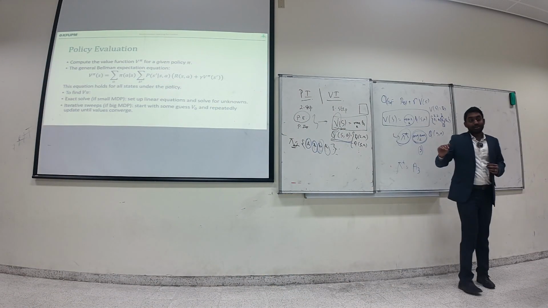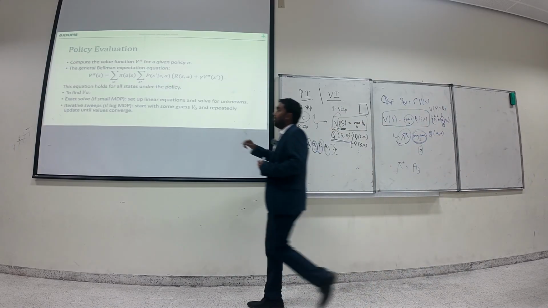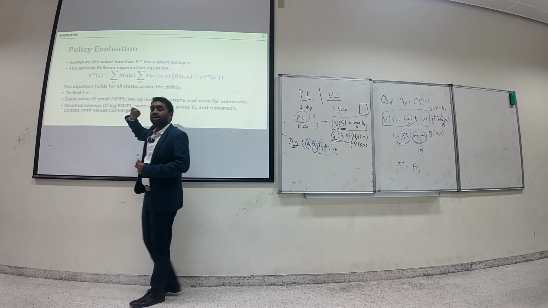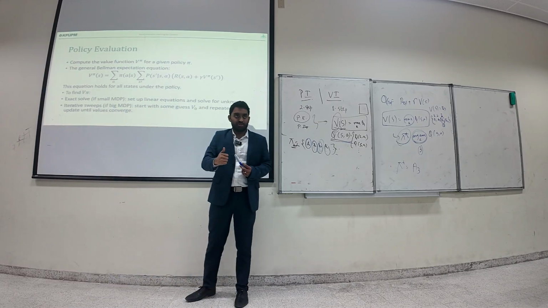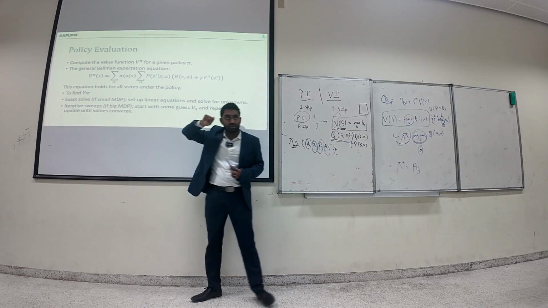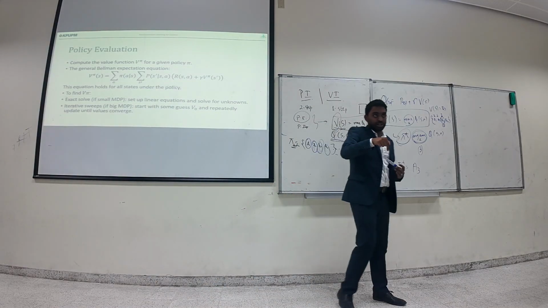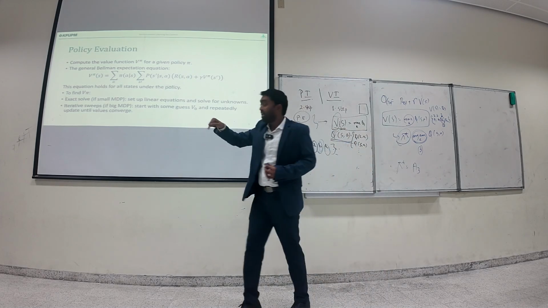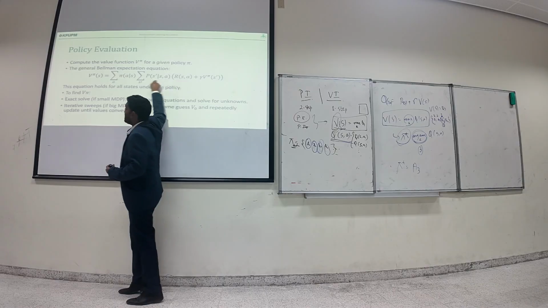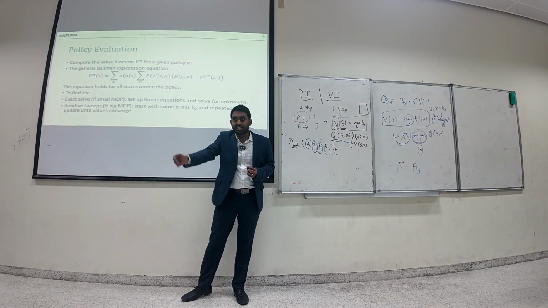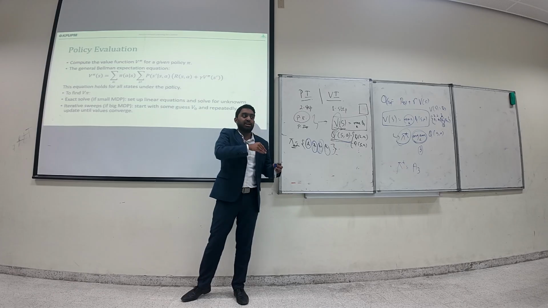Now, when you are evaluating the policy, if you have a stochastic policy, probability comes into play, right? In that particular state, if you take one action, where will you end up? This probability determines that, given you take a certain action.